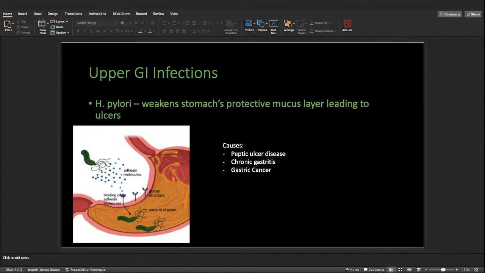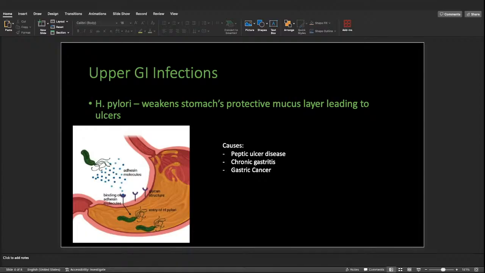So typically this is caused by someone having peptic ulcer disease, chronic gastritis, gastric cancer, anything of that nature that weakens the mucus and also lowers or neutralizes the pH, so that the bacteria can go into the stomach and infect the area.